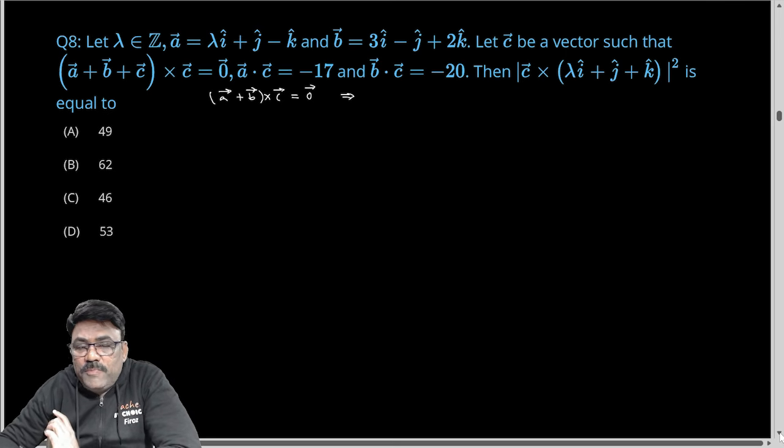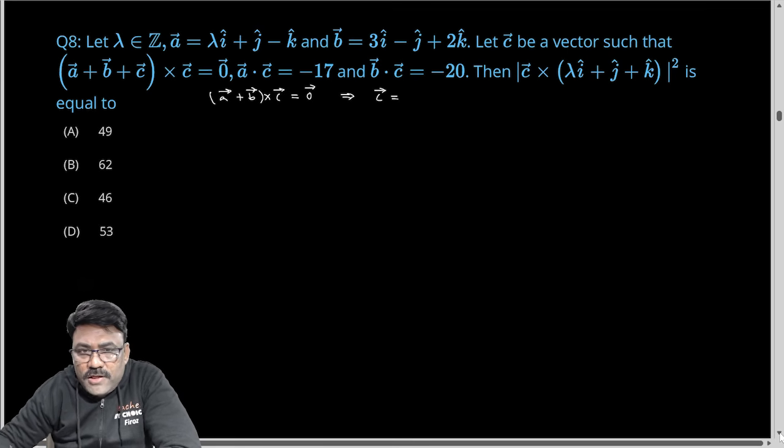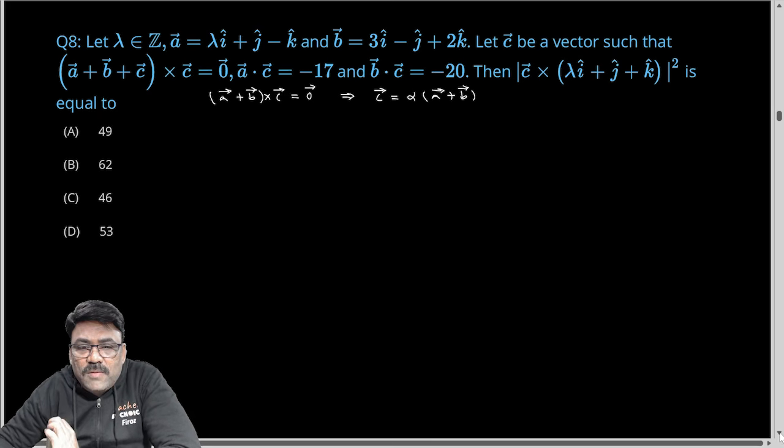A plus B must be parallel to C. And since C and A plus B are parallel, I can take the vector C as alpha times (A plus B), where alpha is any constant.